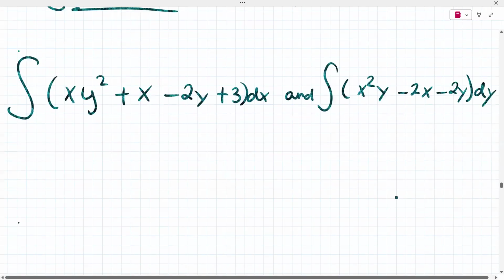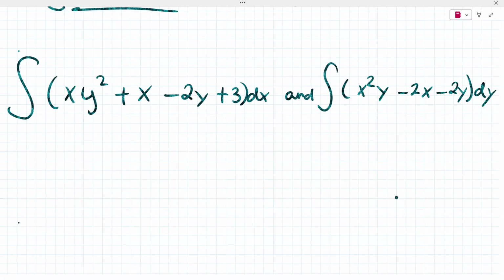Okay, let's look here. What is the integral of this with respect to x? So this has an x. Use your power rule: 1 plus 1 is 2, over 2. And then this is like a constant, so bring that down.